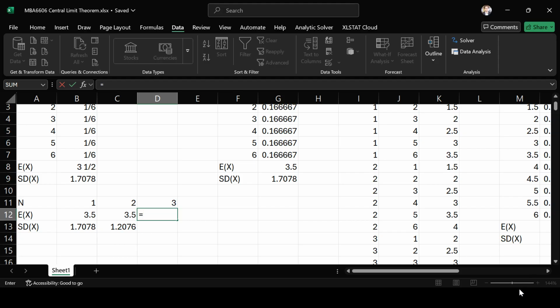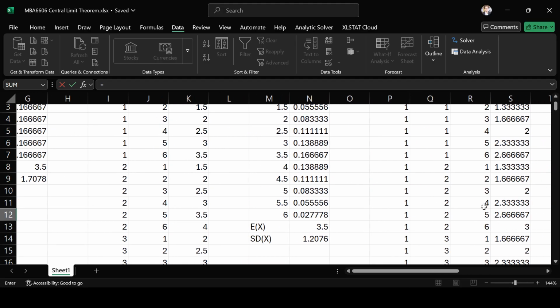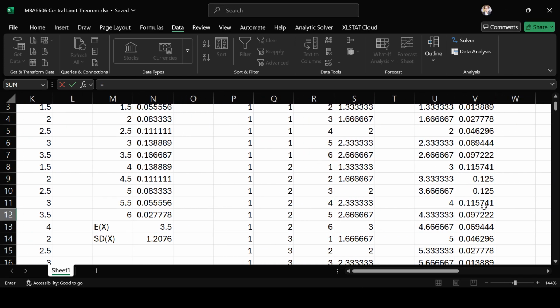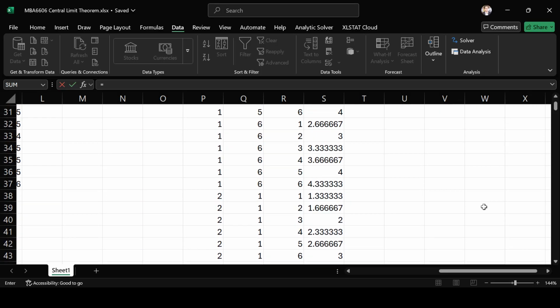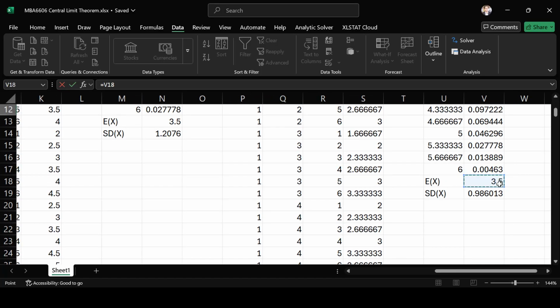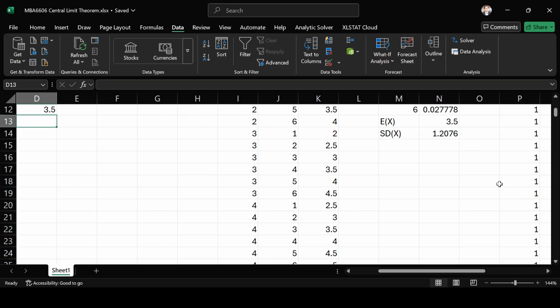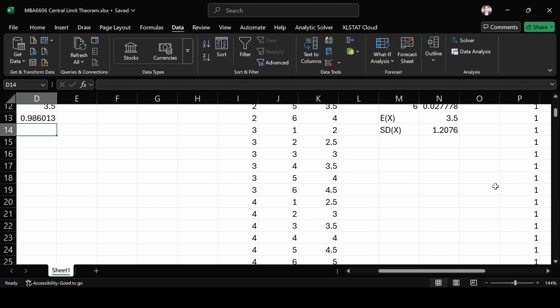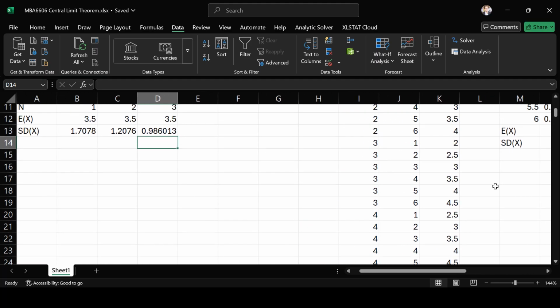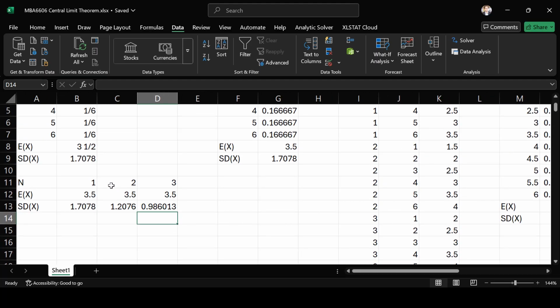When we go to the sample size, here, so we see that as the sample size increases, the standard error keeps on decreasing.